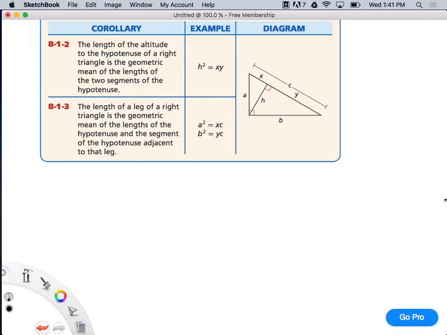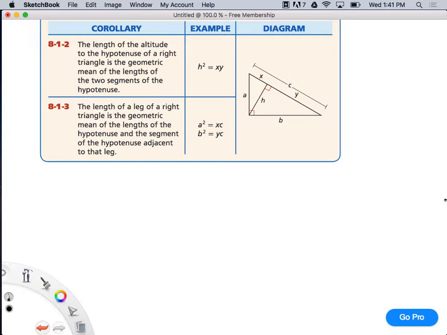So a squared equals x times c. C is this whole length. So a is the square root of x times c, because a squared is xc. Does that make sense to you guys?